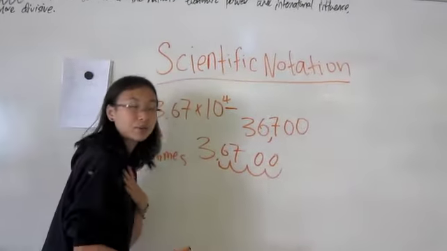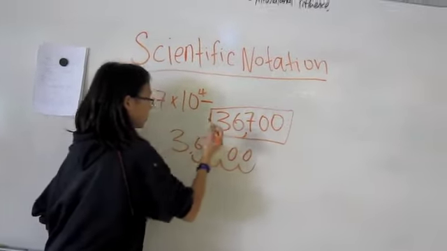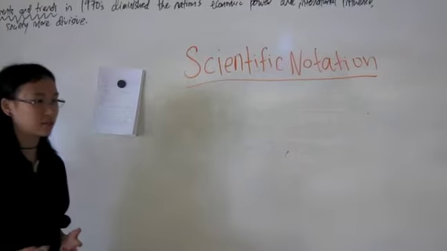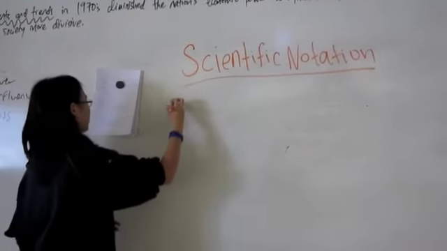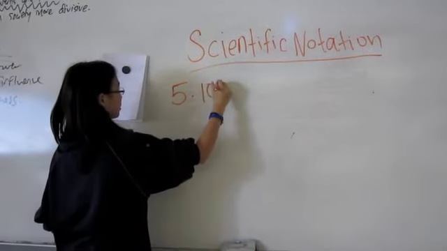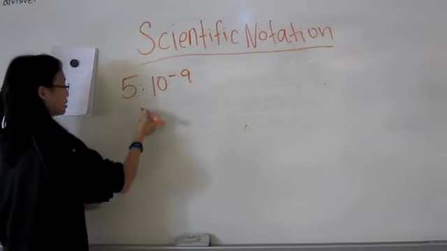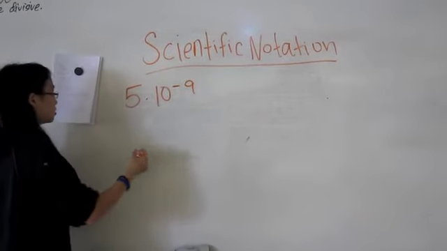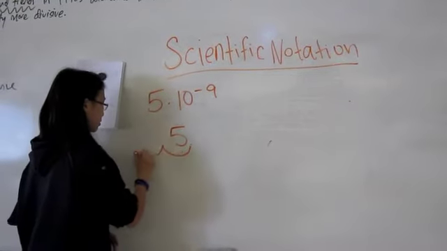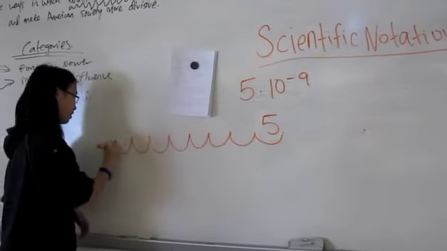Yeah, that number, I can't pronounce it, I'm very sorry. Okay. So the 4 was positive. What if it's negative? So if you had a number like this, 5 times 10 negative 9. See, it's negative, right? So it just means the decimal goes the other way. So 5, the decimal is there, and it goes this way. 1, 2, 3, 4, 5, 6, 7, 8, 9.